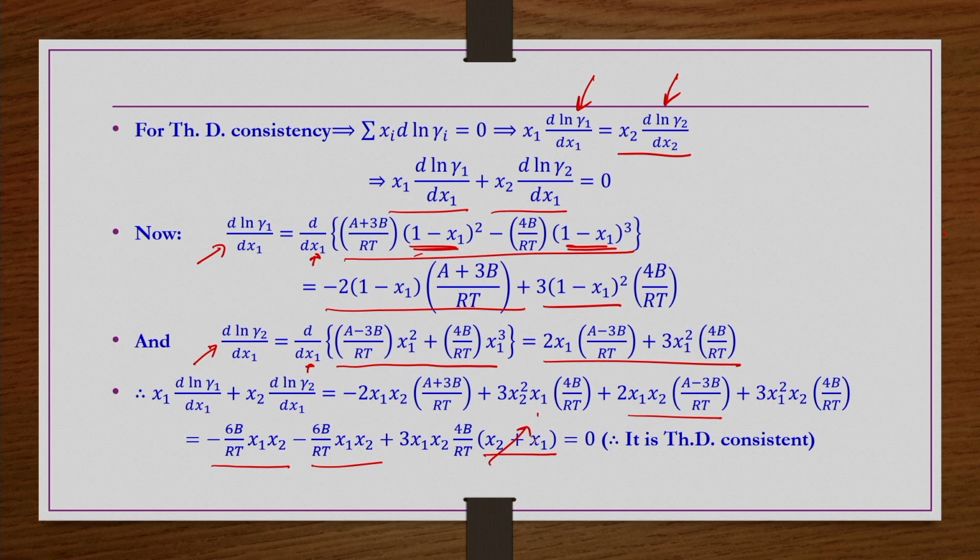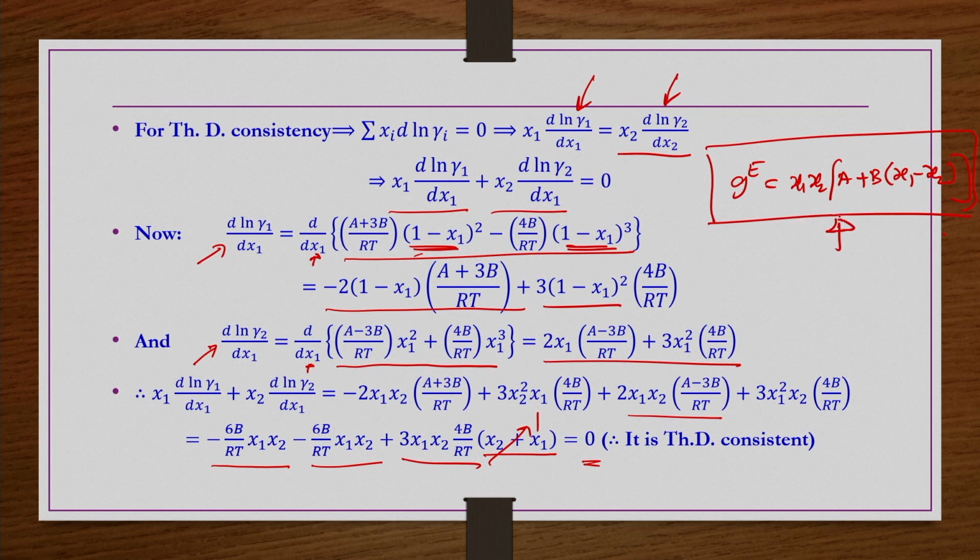So, x1 plus x2 is 1. So, this is nothing but 12b x1 x2 by RT, and this is minus 12b x1 x2 by RT, which cancel out. So, we have 0. Since x1 d ln gamma 1 by dx1 plus x2 d ln gamma 2 by dx1 is equal to 0, we can say whatever Gibbs function is given, GE equal to x1 x2 multiplied by a plus b multiplied by x1 minus x2, is thermodynamically consistent.